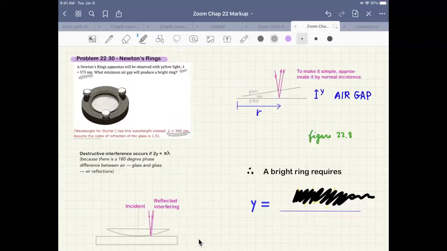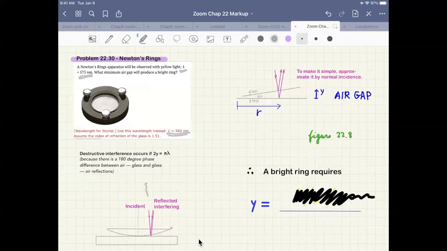Now, here's how Newton's rings works. You have half of a lens, a hemispherical little piece of glass, resting on a very flat piece of glass, a plane of glass.